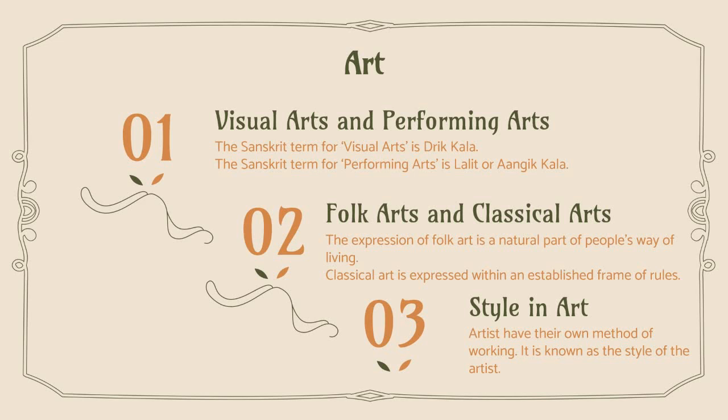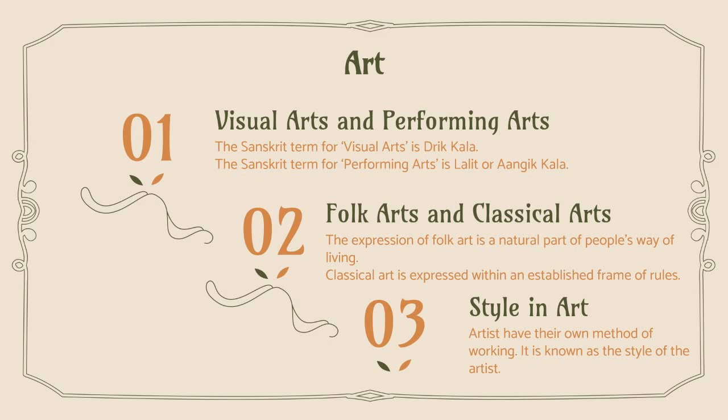The last one is style in art. Artists tend to have their own method of working. It is known as the style of the artist. When a style is adopted by many artists over a prolonged period of time, it may become a tradition.